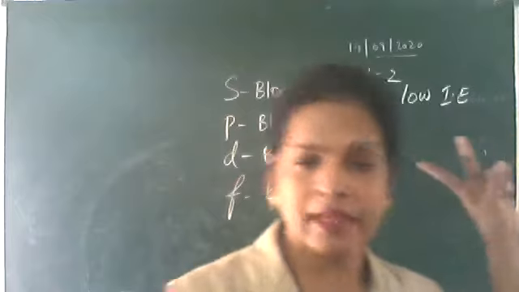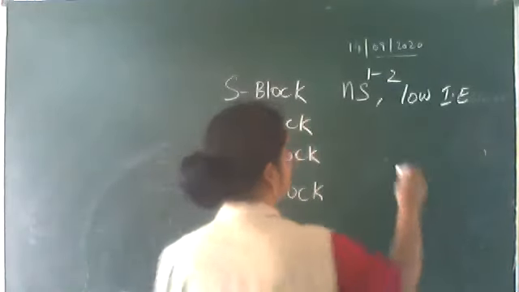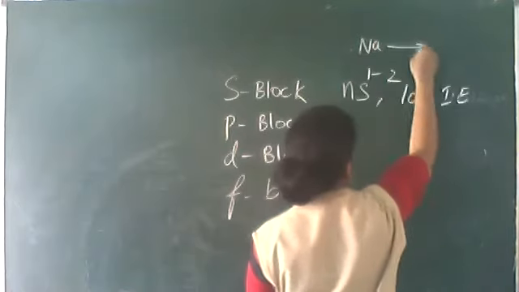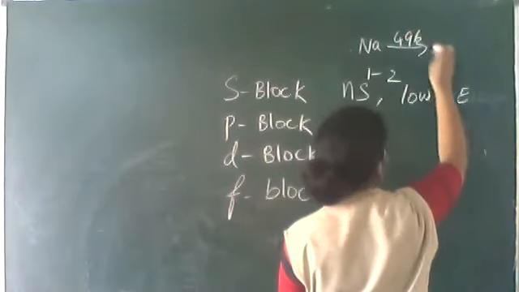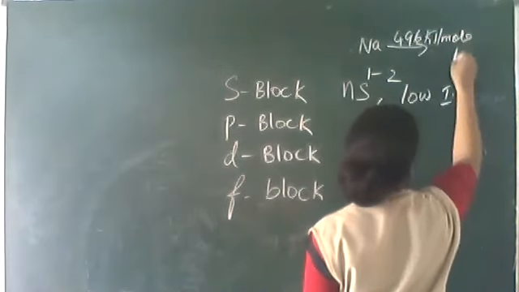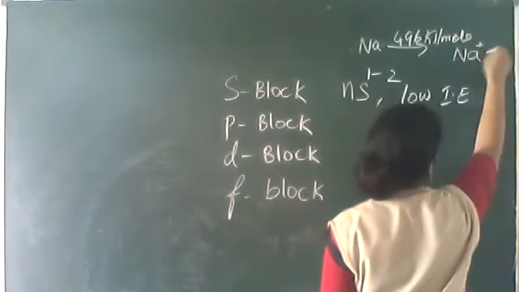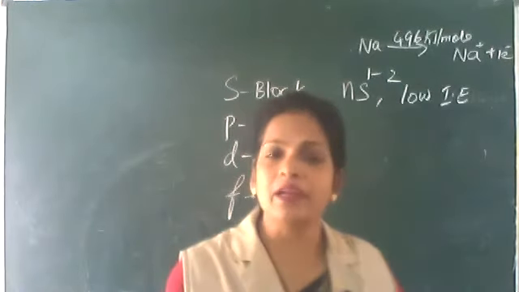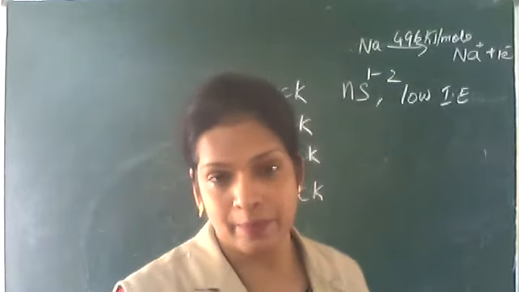For example, in the case of sodium, Na, if you give 496 kilojoules per mole, Na will lose 1 electron and it becomes Na+. So they have very low ionization enthalpies.